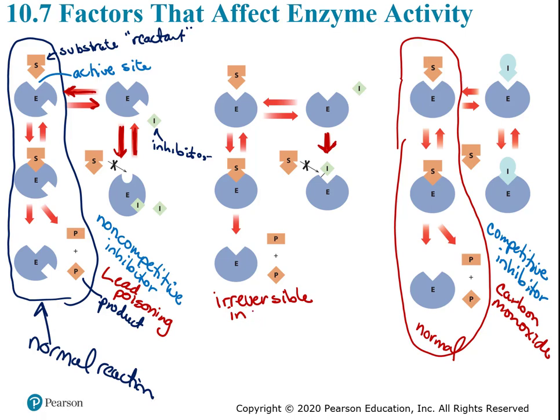The enzyme's done. The enzyme can't do anything else. See how it looks like the inhibitor binds to the active site permanently? And this is a permanent thing. So that enzyme can't function anymore at all.